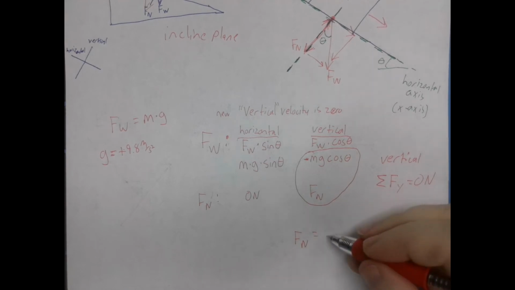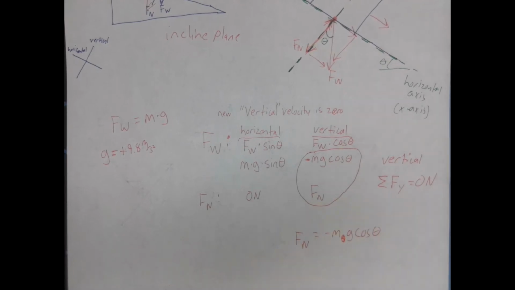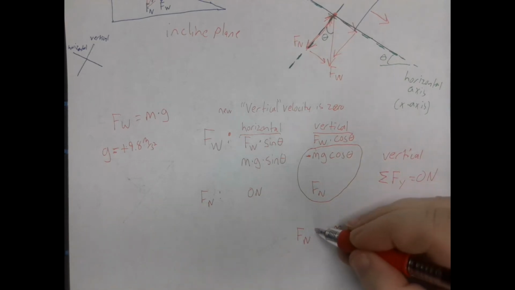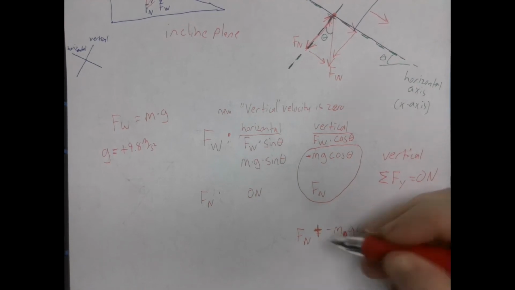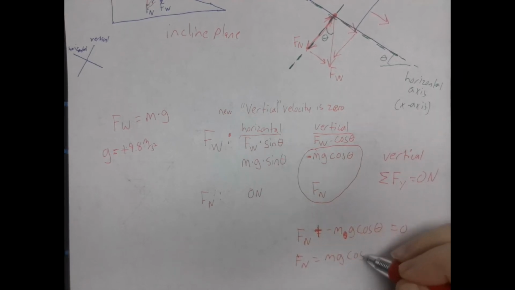Fn plus negative mg cosine of theta has to equal 0. So that means Fn has to equal m times g times cosine of theta.